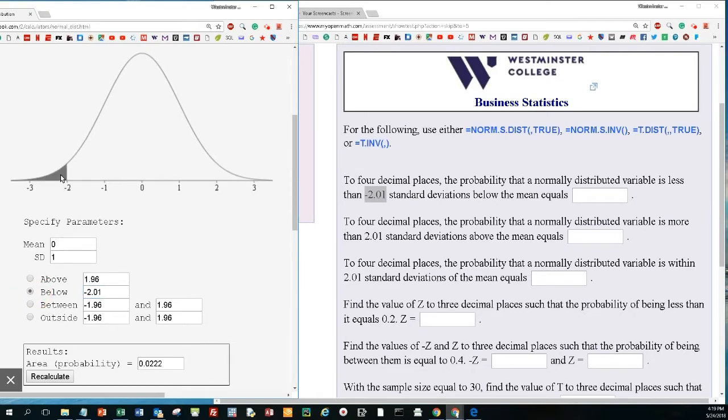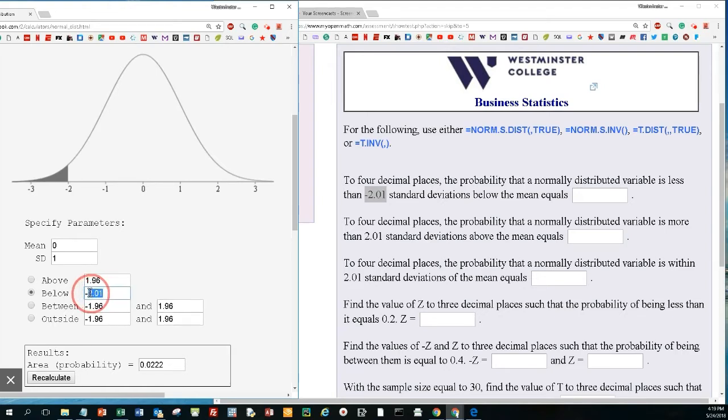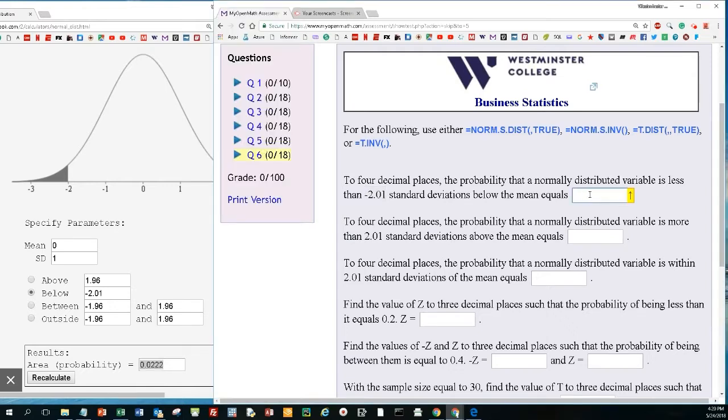And so this area here represents the probability that we are 2.01 standard deviations below the mean. So the negative means we're below the mean. 2.01 means we're 2.01 standard deviations below the mean. And that probability is 0.0222. I'm going to paste it right there. And then I'm going to copy this into Excel to show you how to do this in Excel.